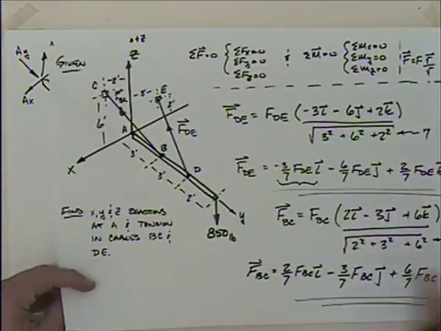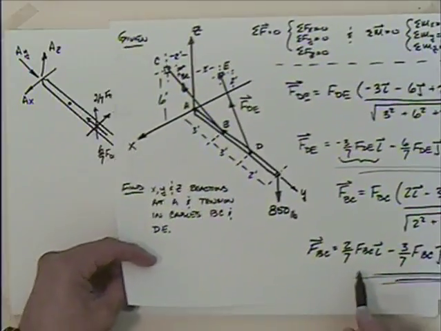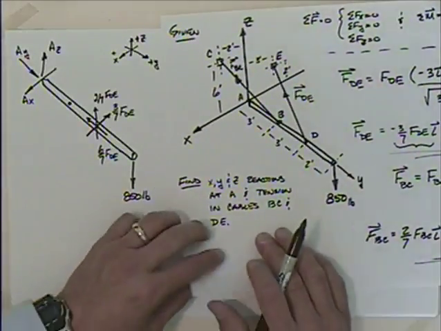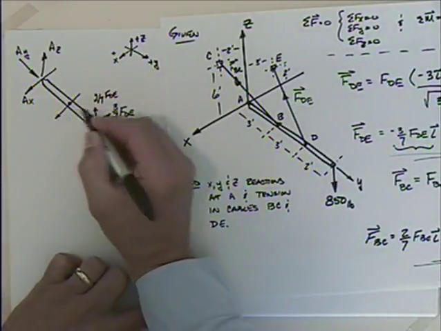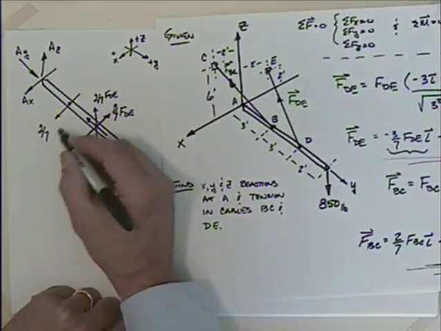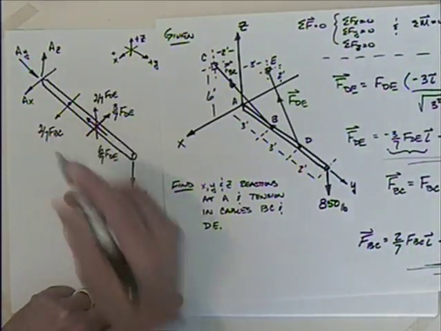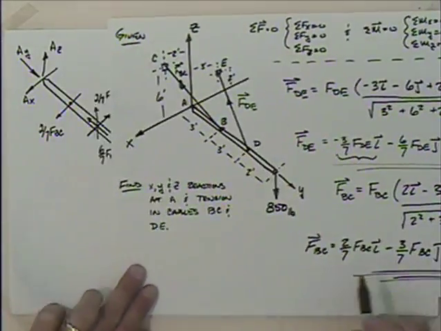Then I need to do the same thing out back here at B. At B, I'm going to look at this one. So I've got 2/7 in the X. So in the X, I will draw this like that. There is 2/7 F_BC. Then I have minus 3/7.